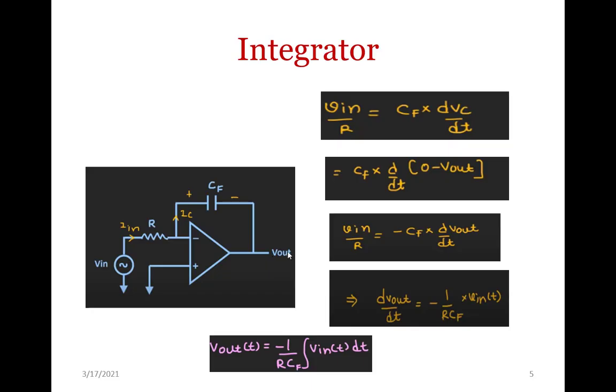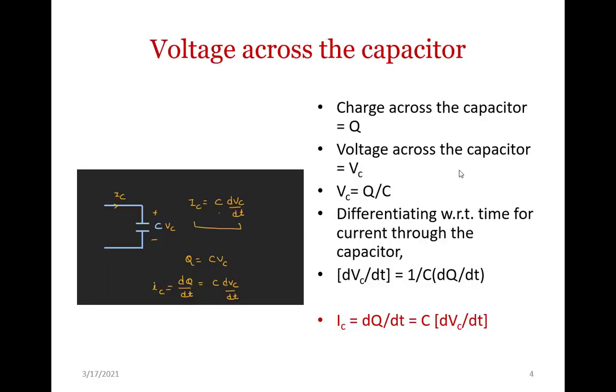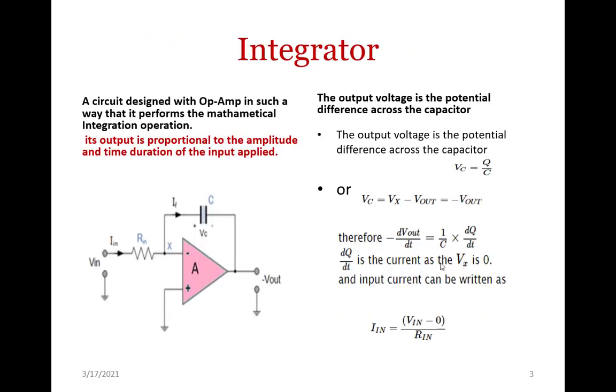So, now in this integrator, as we have seen, the current I is given by V in by R, and that is equal to Cf into dVc by dt, which is shown here.